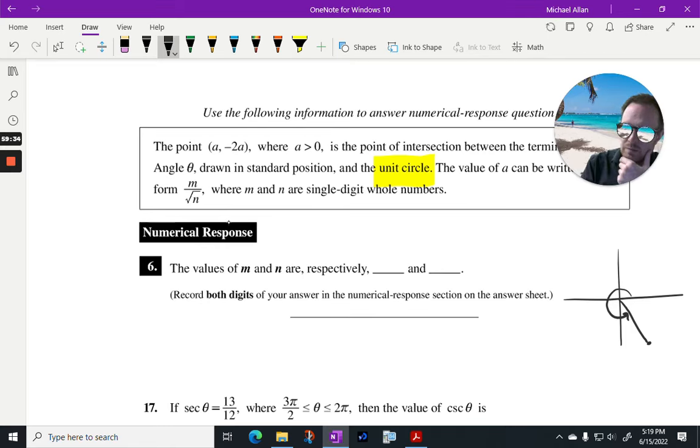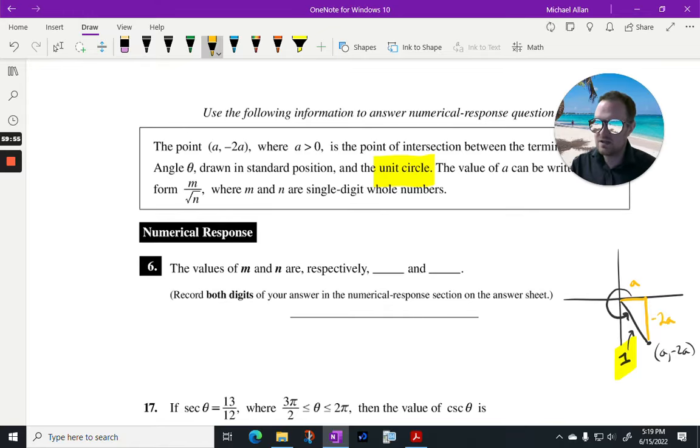But what I know, because this is on the unit circle, is that this is 1. Because it's on the unit circle, my hypotenuse is 1. So if I were to draw a triangle here, a and negative 2a, it's got to satisfy that. It's got to be on the unit circle. So I can set up a squared plus negative 2a squared. That just has to equal 1 squared because it's on the unit circle.